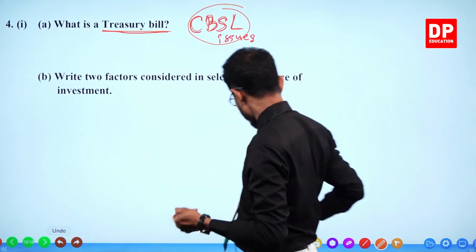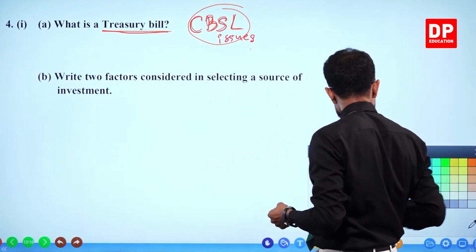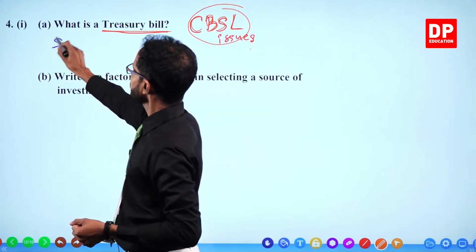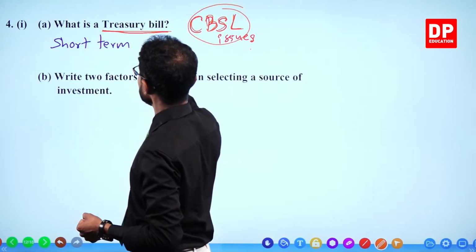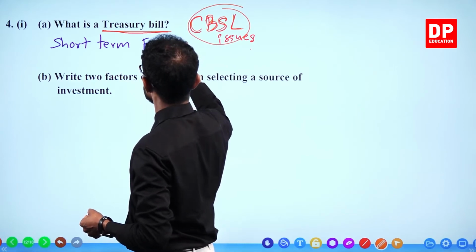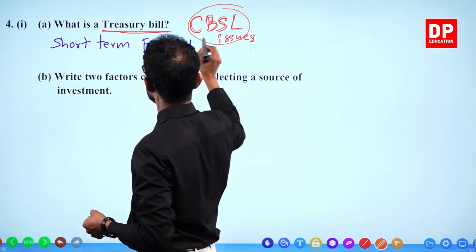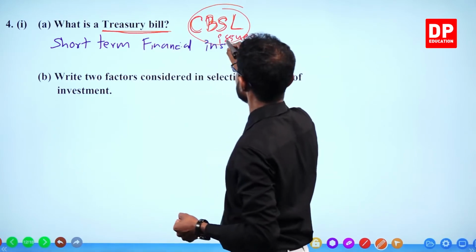Treasury bills. So we can write the definition here. Short-term financial instrument.